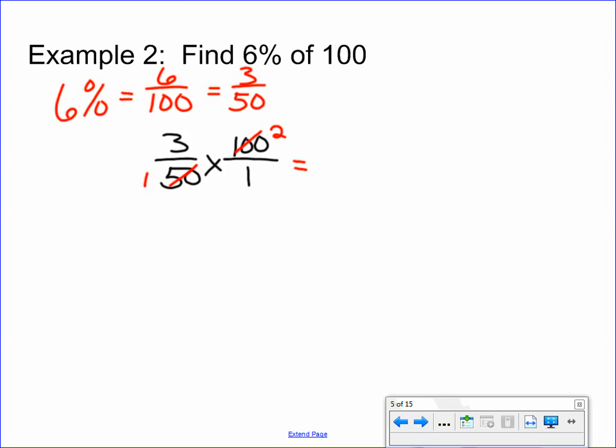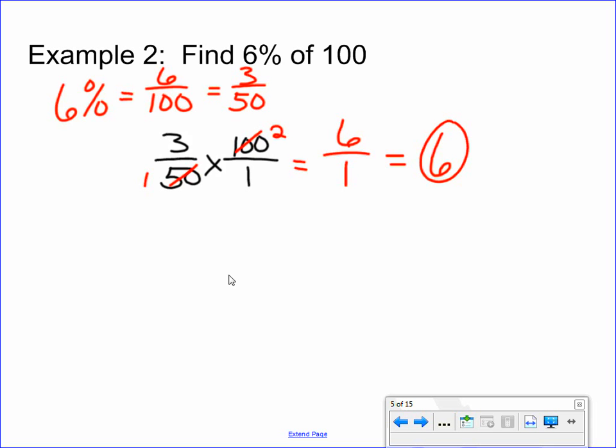And so I end up with 3 times 2 is 6, and 1 times 1 is 1. Meaning that 6% of 100 is 6. Pretty simple. That one was a little bit easier than the last one we did because there's less division at the end, but that's also because I simplified during the problem.